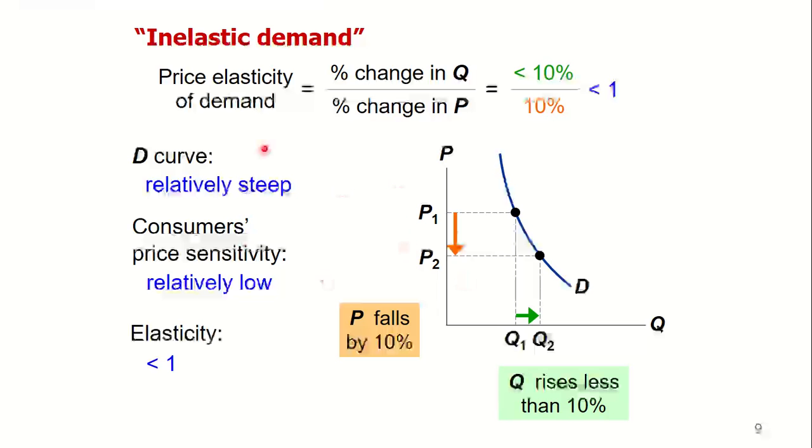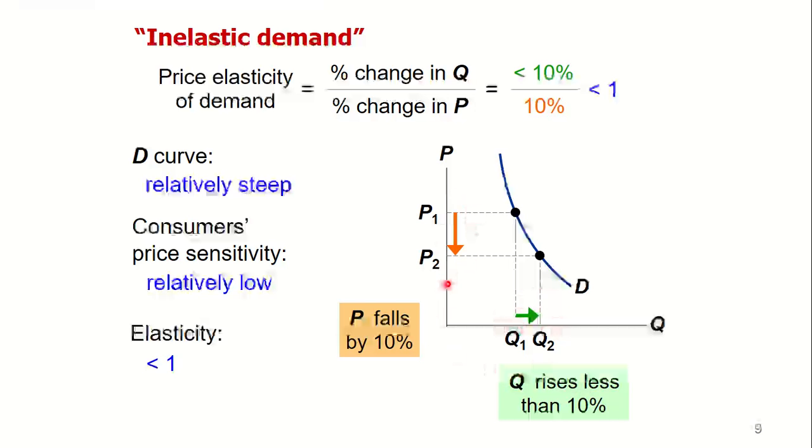So in this case, if you add these values in the formula, that is price elasticity of demand equals percentage change in quantity over percentage change in price. Here the percentage change in quantity is less than 10% over percentage change in price, that is 10%, so it is less than 1. You can see here that price falls by 10%, but quantity rises less than 10%.